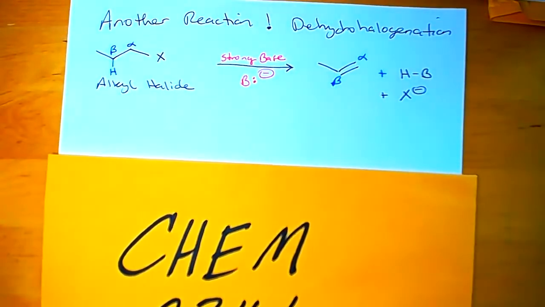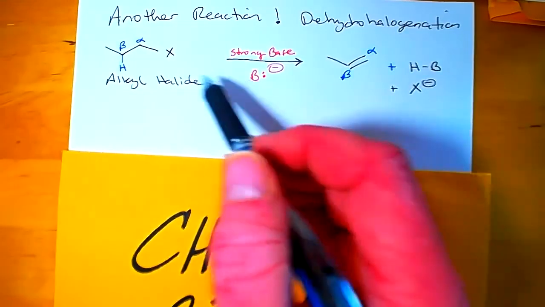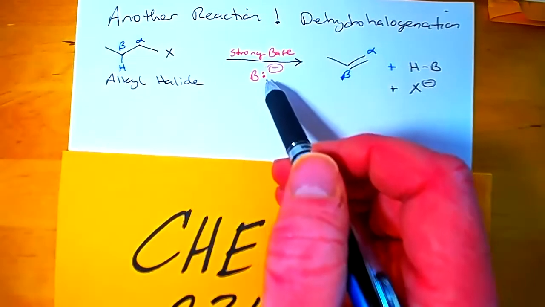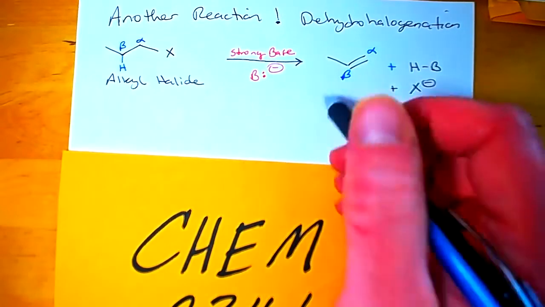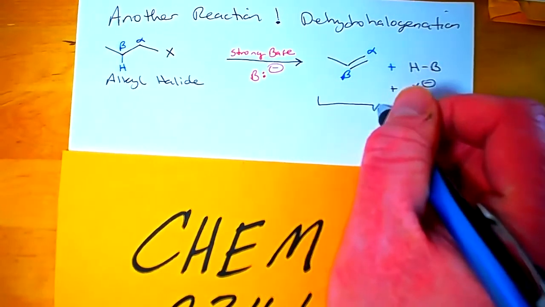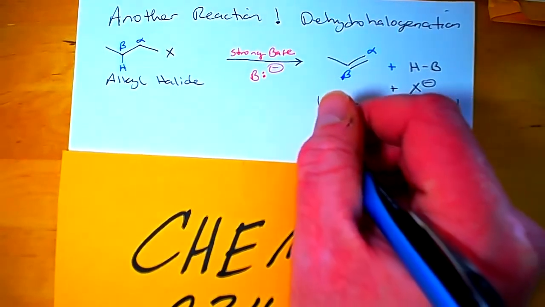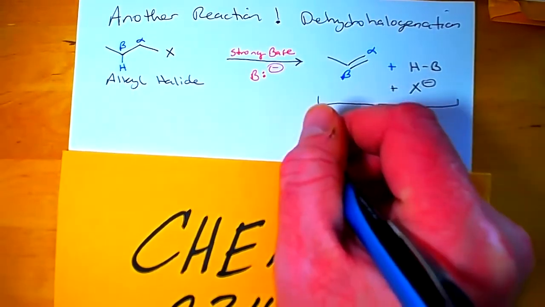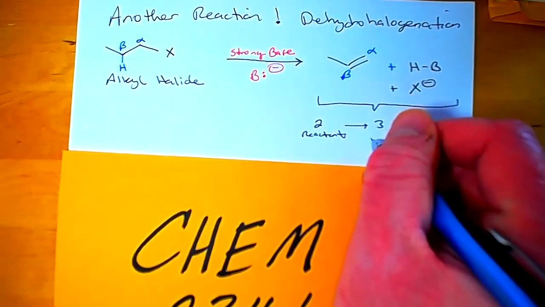Now, one of the things I want you to notice is that if we started this reaction with an alkyl halide and a strong base, that's two reagents, and we end up getting three products. So whenever you do this type of reaction, you go from two reactants to three products.